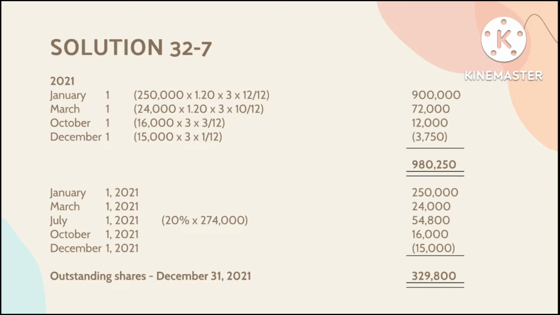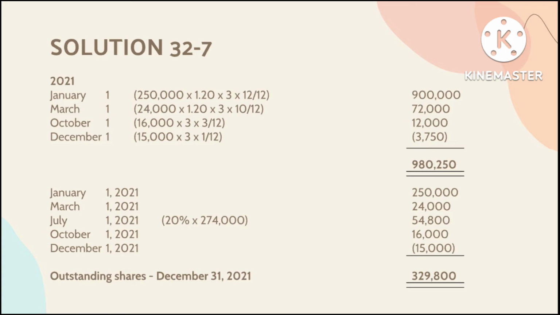Then, andito po sa kasunod natin is kinumpute naman po yung outstanding shares noong December 31, 2021. Noong January 1, 2021 po, originally, meron po tayong 250,000 ordinary shares outstanding. Noong March 1 naman po, meron po tayong 24,000. And noong July 1 ay meron po tayong 54,800. Saan po galing ito?